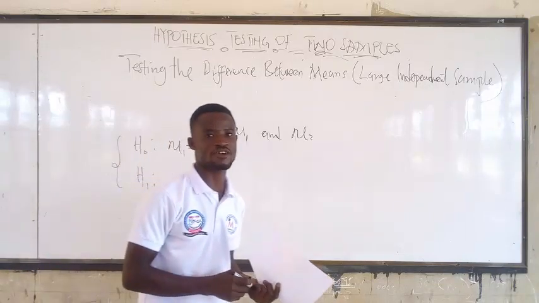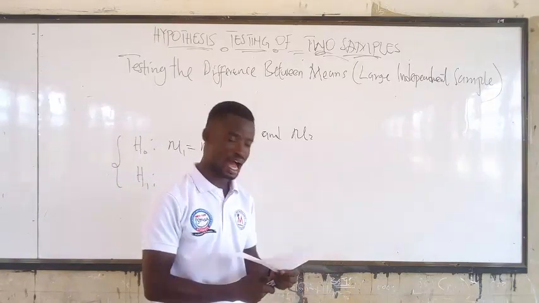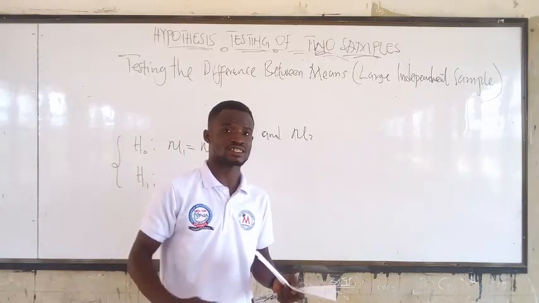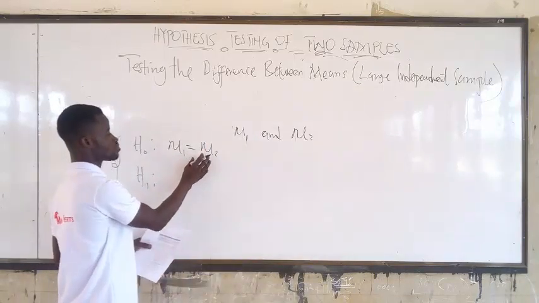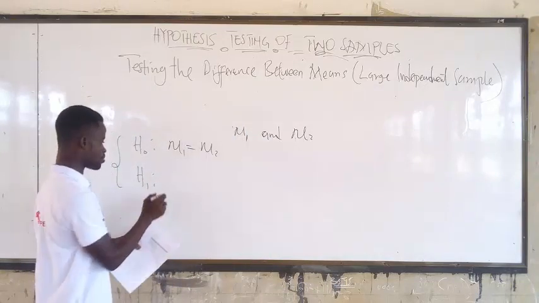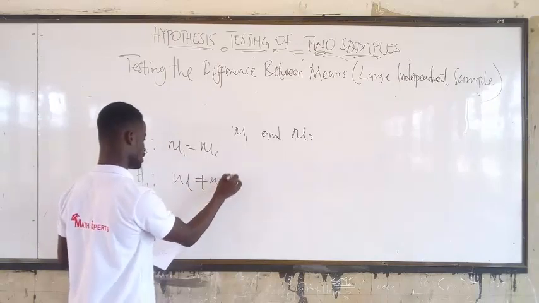I'm just giving you the form of how we are going to write our hypothesis. When we get to the question, you know what it means. Your number will come here. It is between two parameters. So the alternate will be not equal to that.